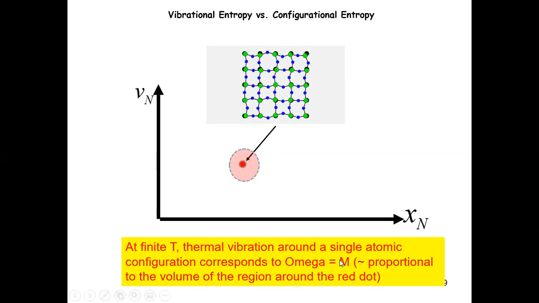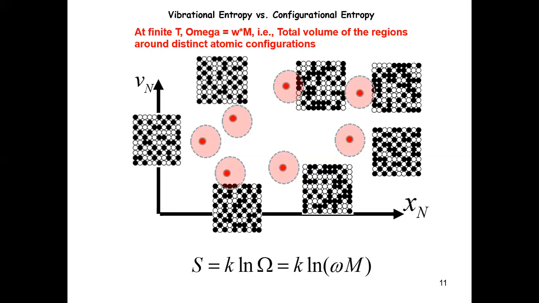M is the number of states associated with the vibration around a single packing configuration, or single atomic configuration, right? Now, the total number of states for this particular system equals lowercase omega times M.